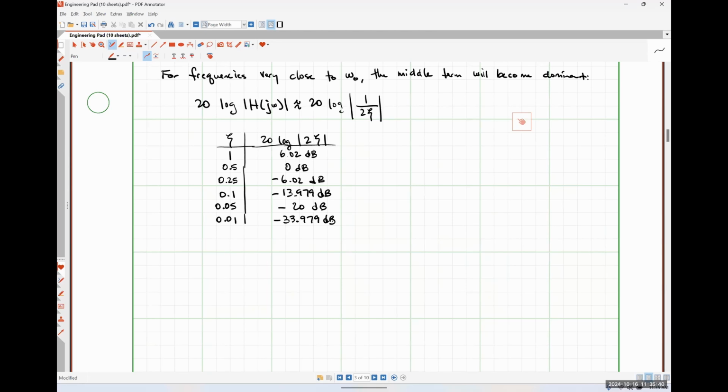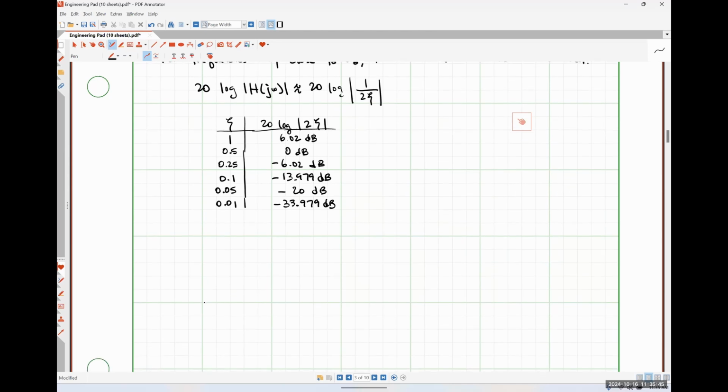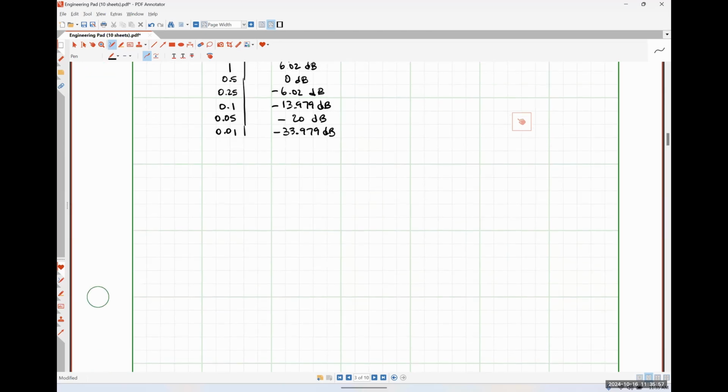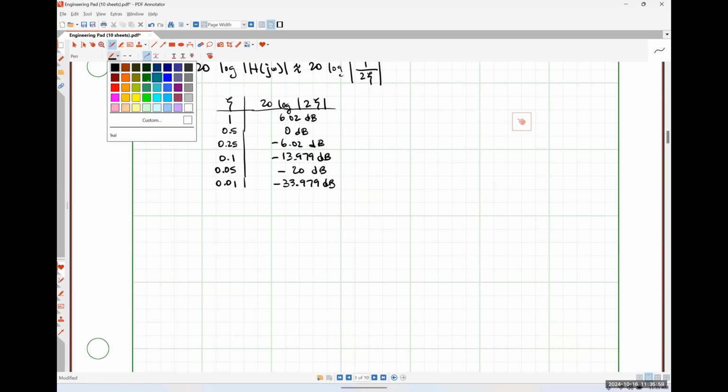Okay. So what I'm going to do here is I'm going to draw a graph of what our frequency response might look like as we have different values of zeta. So let me just pick some colors here.